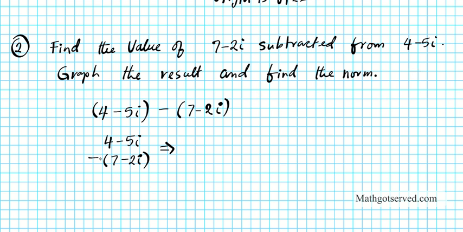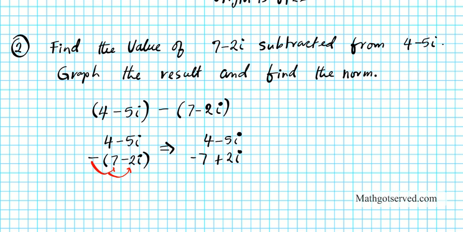I will have to distribute this minus to these two because subtracting is like adding the opposite. So I keep the top the same, 4 minus 5i, and I distribute the negative to these two numbers, so it's going to be negative 7 plus 2i. You see how this minus got distributed to the first number and then the second number. It causes its signs to just change.